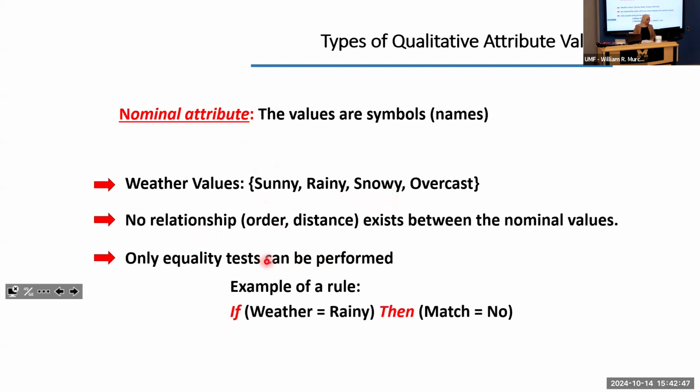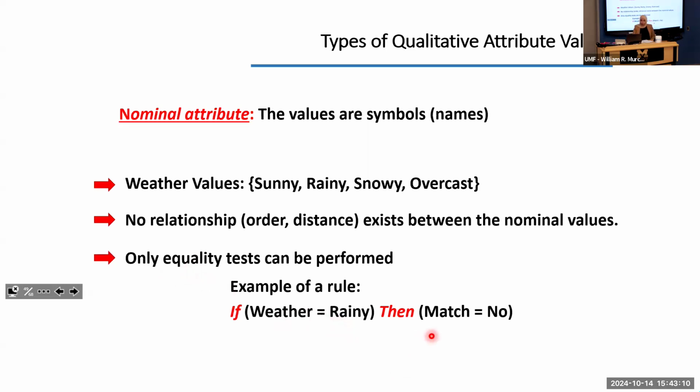And so, given this information, I can only perform equality tests, which means if something is equal to something, then I will perform some rule. For example, if weather equals rainy, then there is no match, okay? Is it clear?